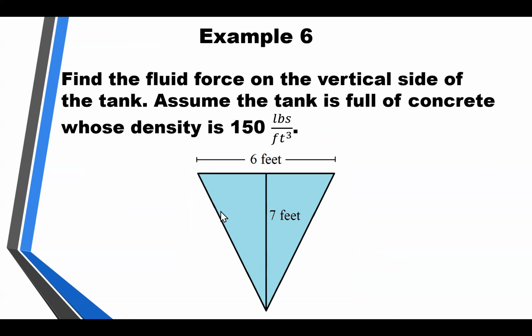So we're going to assume we have a tank and we filled it up with concrete, and the tank looks like this. It's a triangular shape side of the tank, and it is 6 foot across at the top, comes down to a point at the bottom, and the height of that triangle is 7 feet.